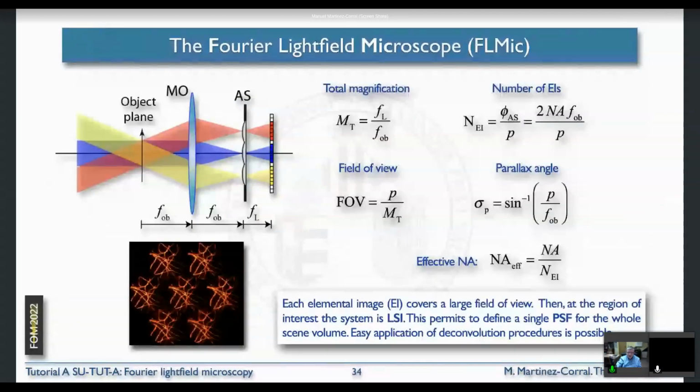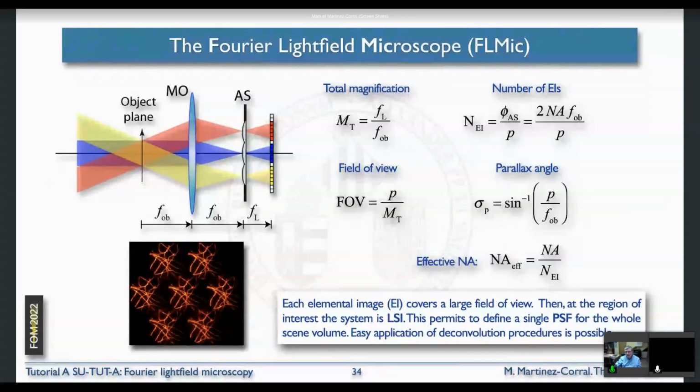And let me make some numbers. So I told you, total magnification of this system, quotients of focal lengths. The number of elemental images is the quotient between the diameter of the aperture stop and the pitch.